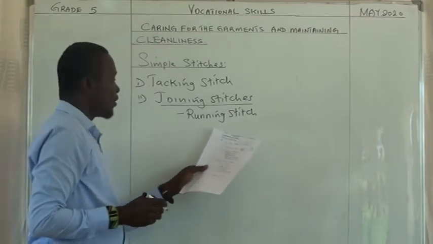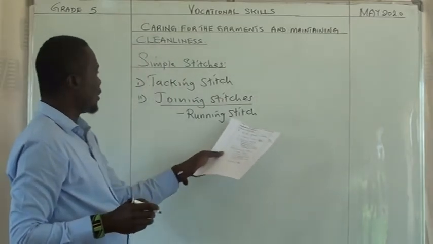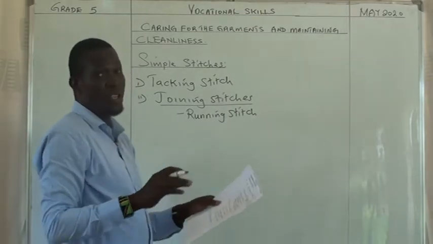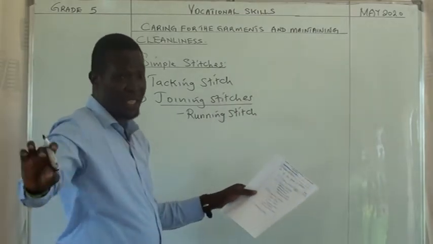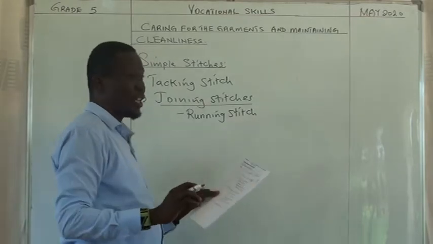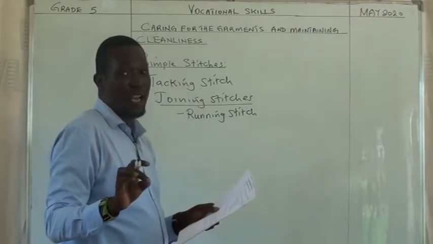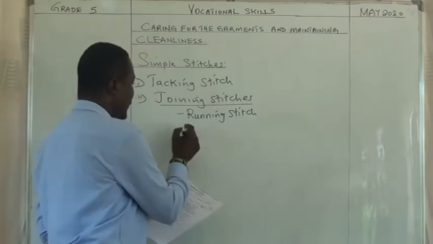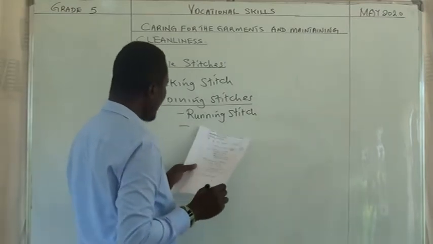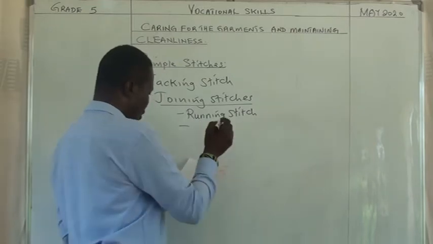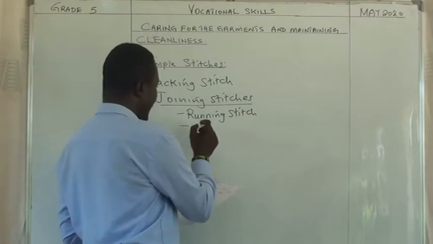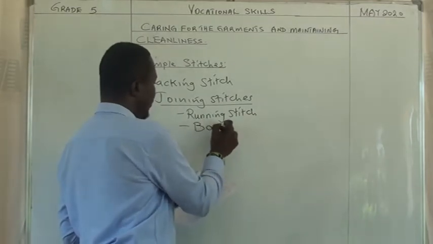This we saw last time, the difference between the running stitch and the tacking stitch, where the tacking stitch has longer running threads and the running stitch is a permanent stitch that has smaller running threads. Good. The second example of the joining stitches is the backstitch.